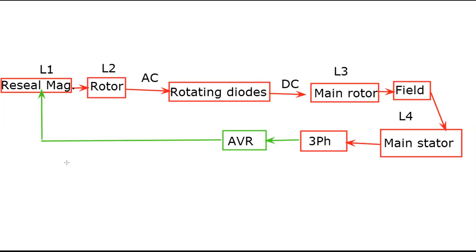Now, if we start a generator, any generator on board the ships, how many parts does it consist of? Number 1, exciter stator, which has a residual. Number 2, exciter rotor.